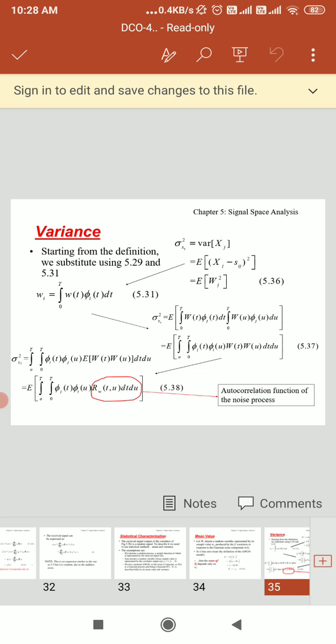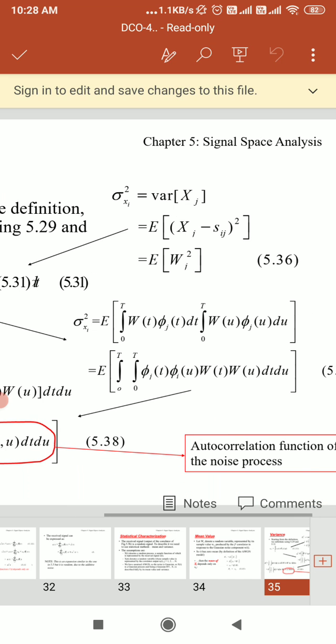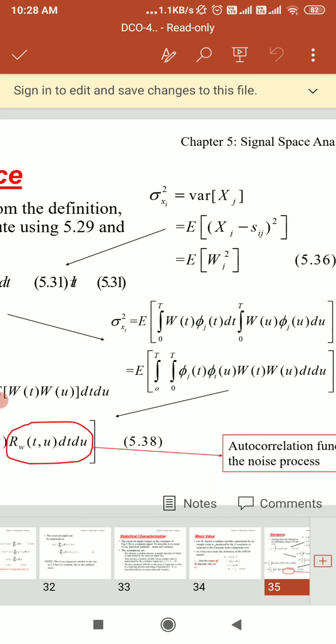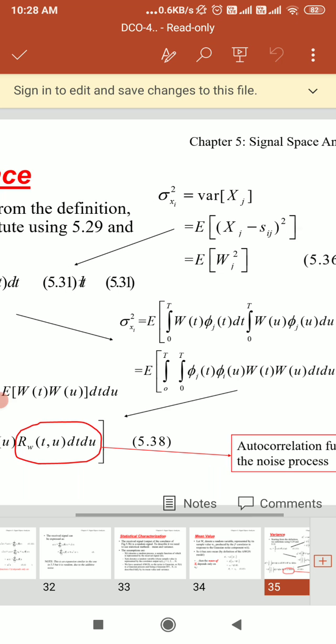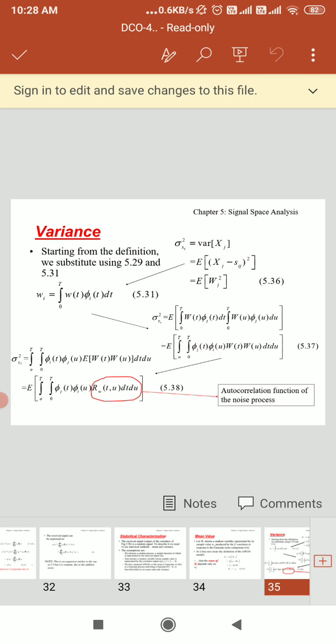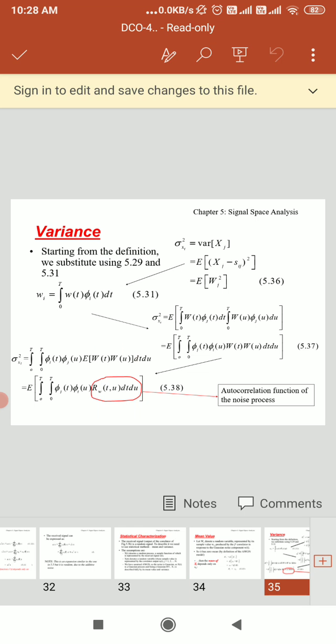So we can take variance sigma xj square equal to variance of xj, which is E of xj minus Sij whole square, and that equals E of wj square. So we can say the value of variance depends on the AWGN with zero mean.